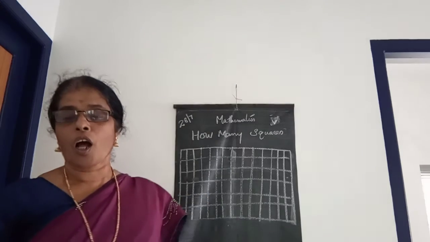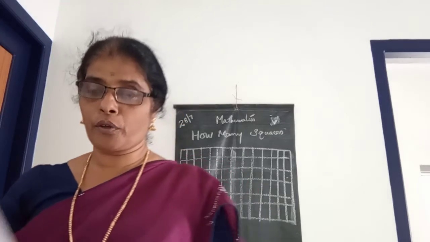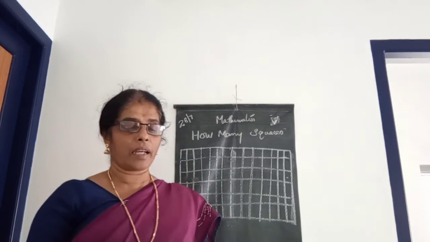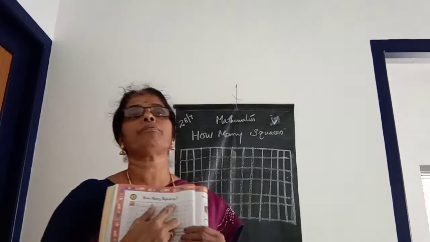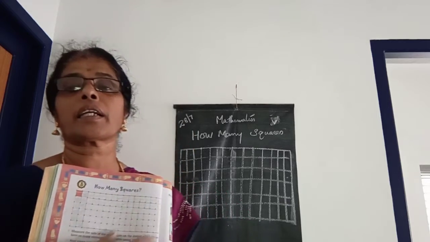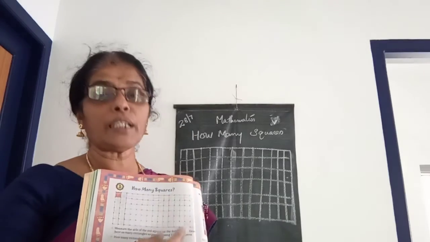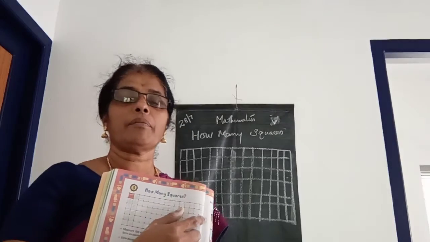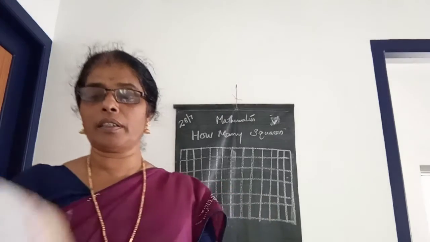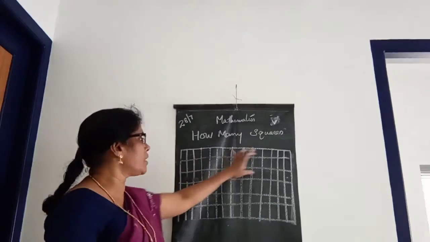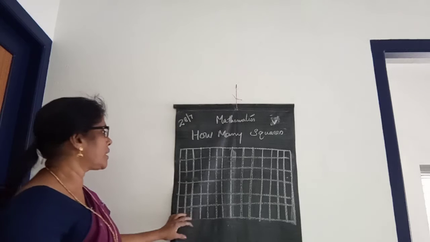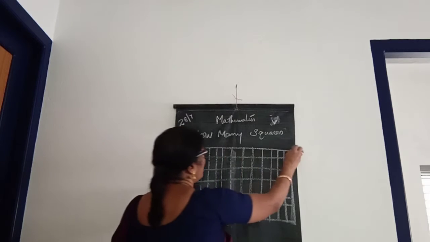Next, how many squares? Take your textbook, children, and here you can see one big rectangle. You can see inside that rectangle one box like this, one rectangle shape.